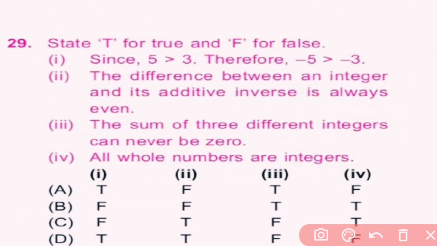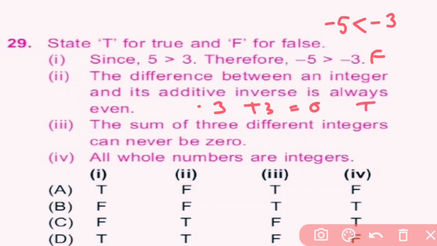Question number 29. State T for true and F for false. Option 1. Since 5 is greater than 3, therefore minus 5 is greater than minus 3. It is false statement because minus 5 is smaller than minus 3. Option 2. The difference between an integer and its additive inverse is always even if minus 3 plus 3 is equal to 0.